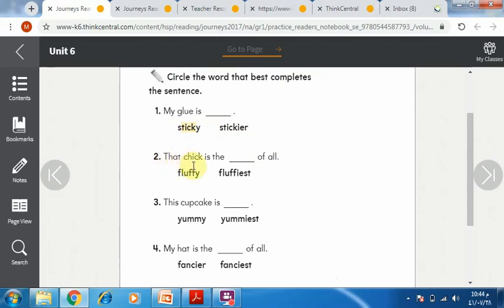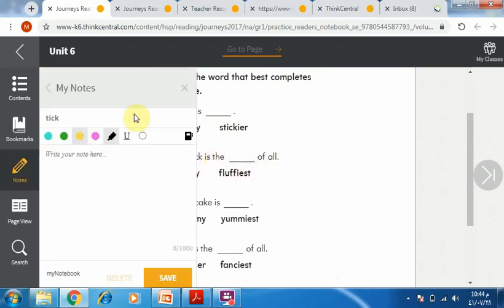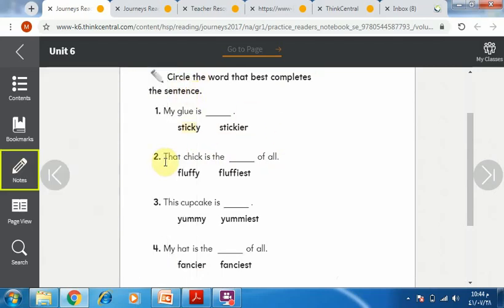Number 2, that chick is the fluffy or fluffiest of all. So stop and think. Am I comparing here? Yes, you can see the. That's a key word. Look for a key word here.